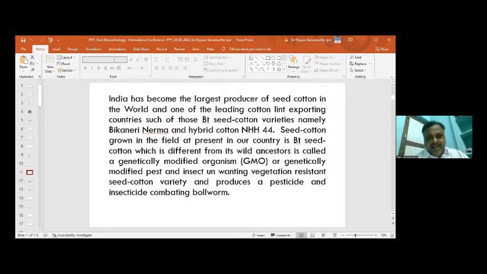Seed cotton grown in the field at present in our country is Bt seed cotton. That is a biotechnology-modified, genetically modified organism, which is totally different. It's more than 80%. That wild ancestor is called a genetically modified organism, or genetically modified pest and insect, unwanted vegetation resistant seed cotton Kapas variety, and produces a pesticide and insecticide combating bollworm.